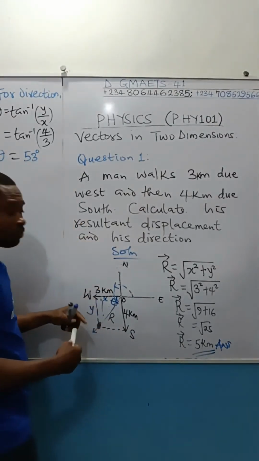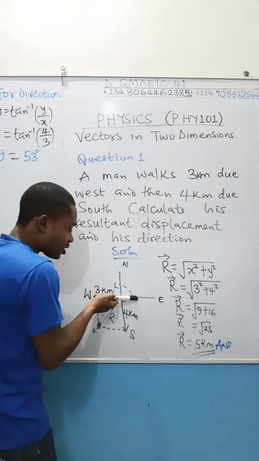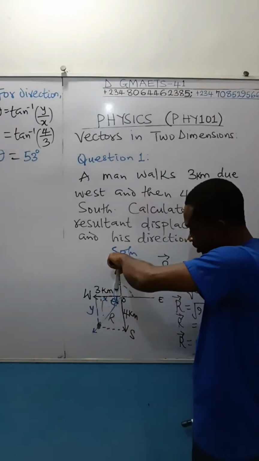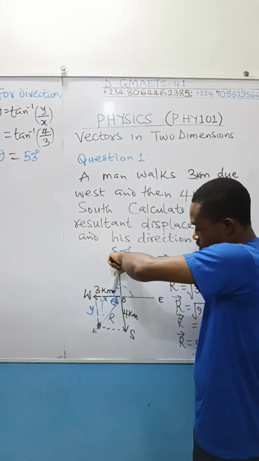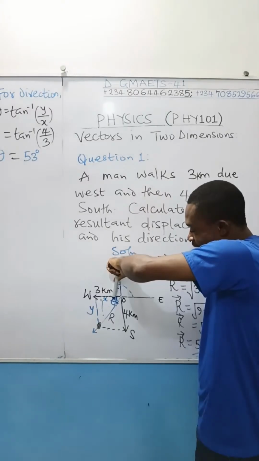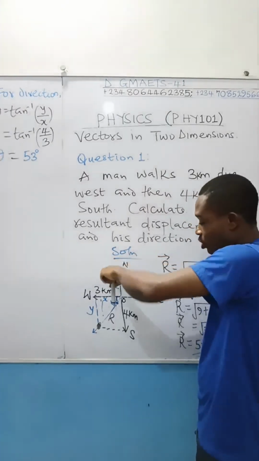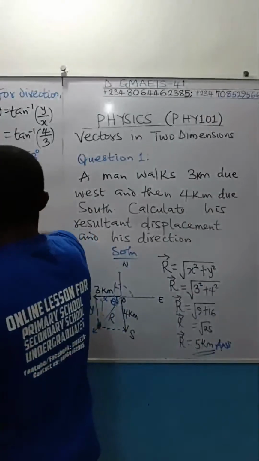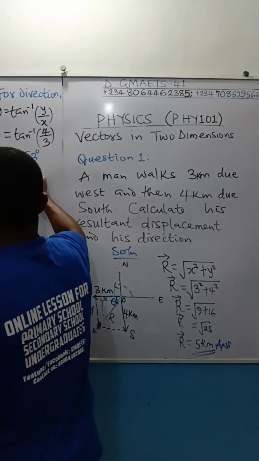That's what we calculated. So if you measure from east this way down to west, it gives you 180, then add the 53 that you calculated in order to get the angle of the resultant.